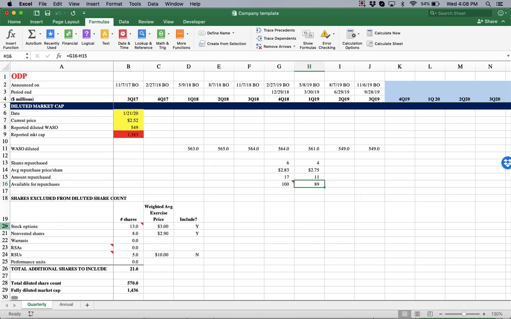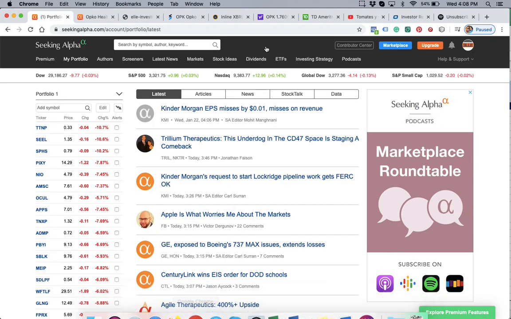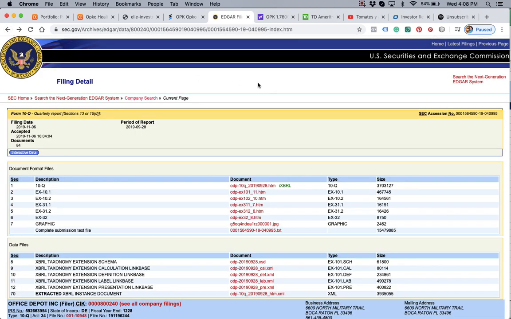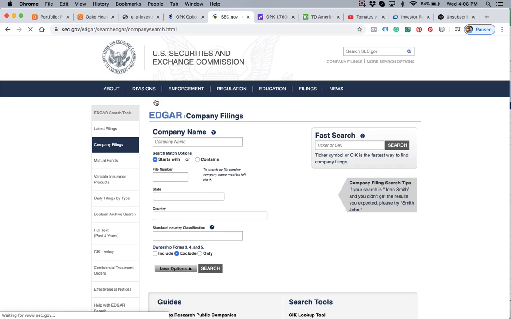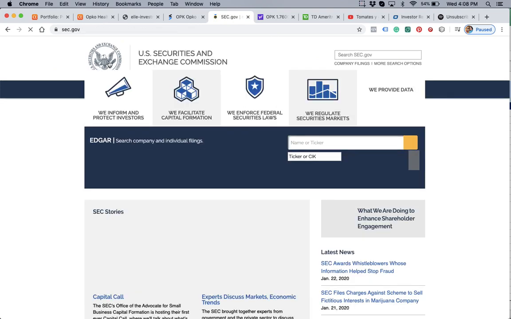Now, the reason we calculate the fully diluted share count is because, for example, if we go into Office Depot's 10Q, I'll show you how to navigate there. If you go to the SEC's website, let's start from the home page.